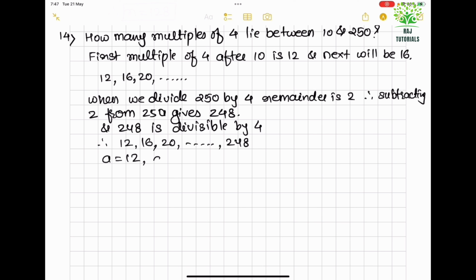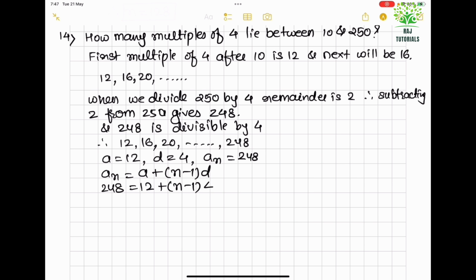So A is 12, D is 4, AN is 248. So now if we solve that, using the formula AN equal to A plus N minus 1D. So 248 equal to 12 plus N minus 1 into 4.